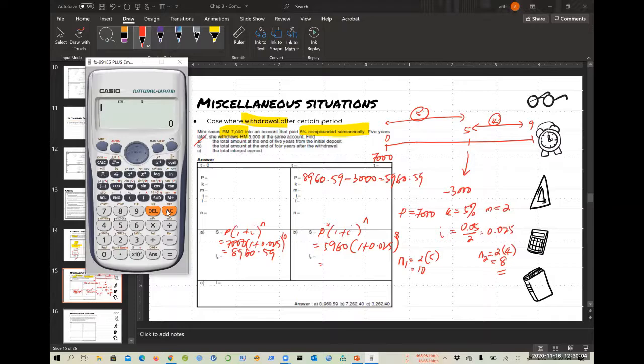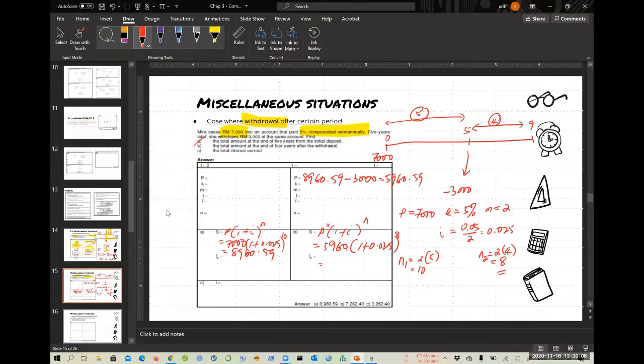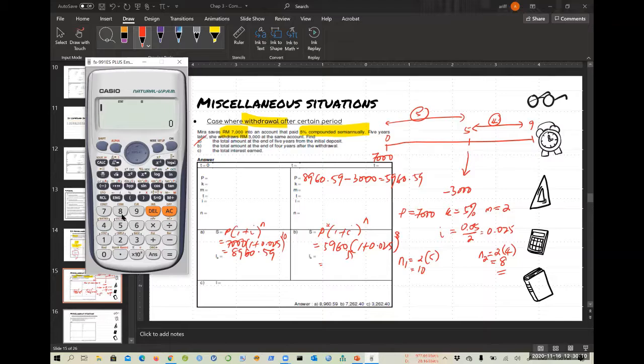So 5960.59, right? Sorry about that. Okay, 5960.59, and then multiply, that is open bracket, 1 plus 0.025, and then take to the power of 8.